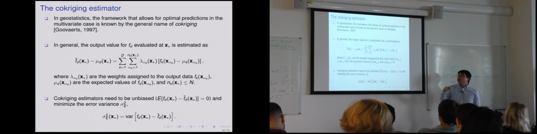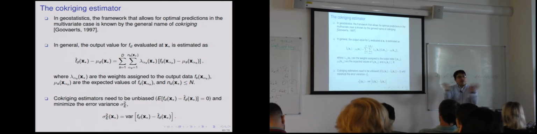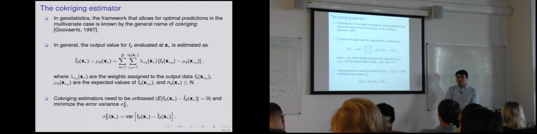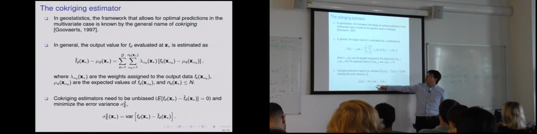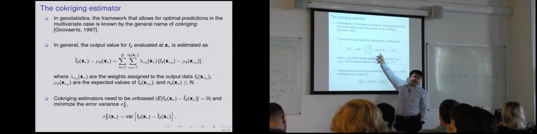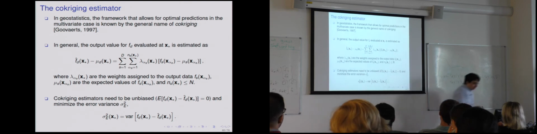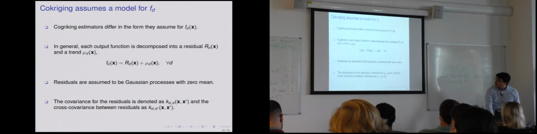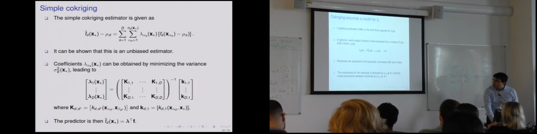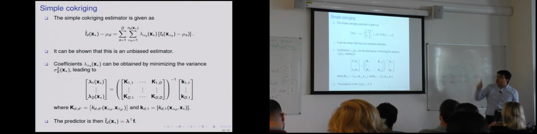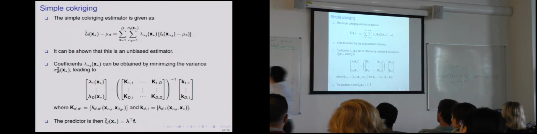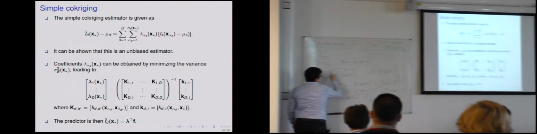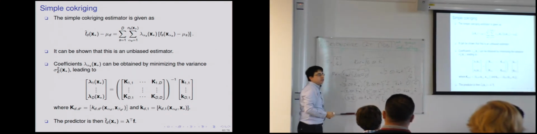So almost all the time that you make the prediction, the variance of the prediction is small. So this is what I have to optimize. And then what we do is that we find these weights so that this variance is the lowest. It turns out, and it shouldn't be very strange, that the weights that optimize those values, this lambda here, is just given by this multiplication that you see here.